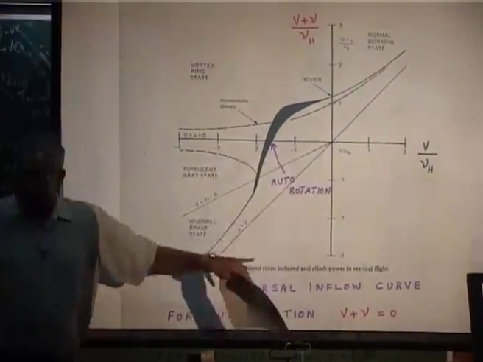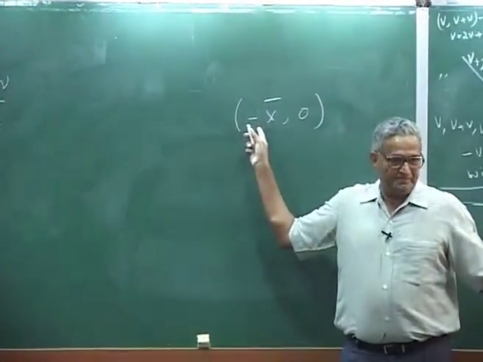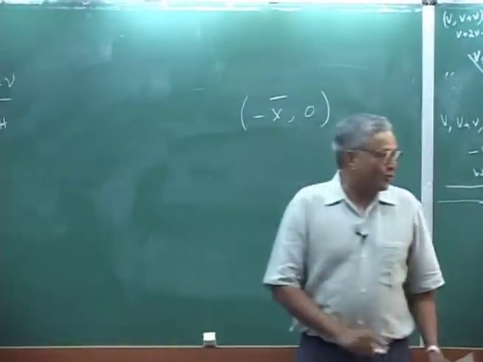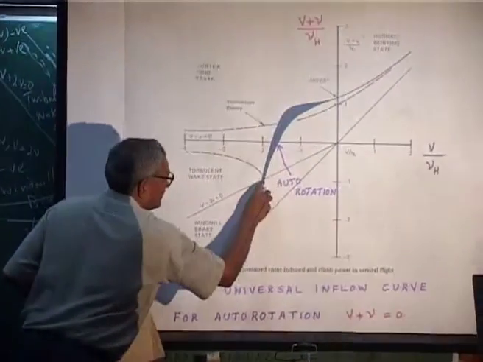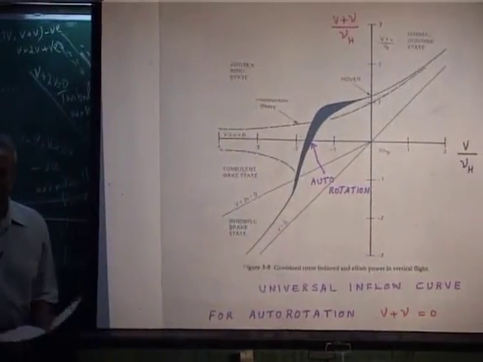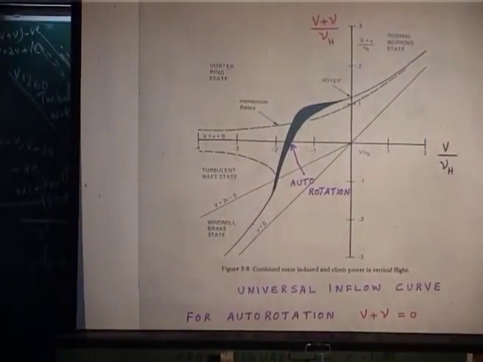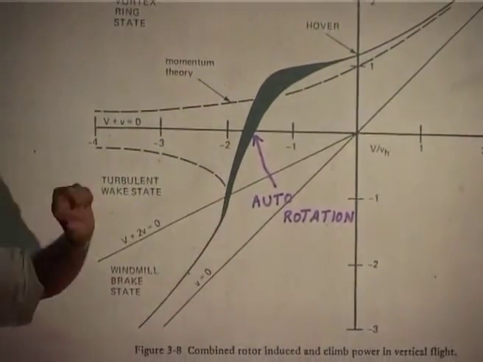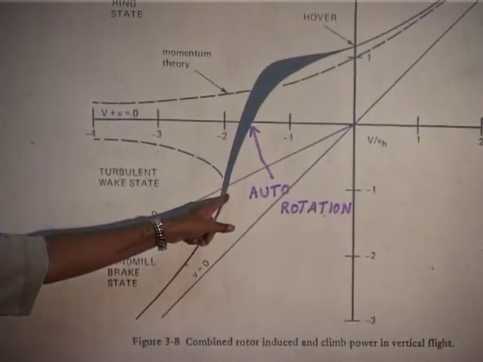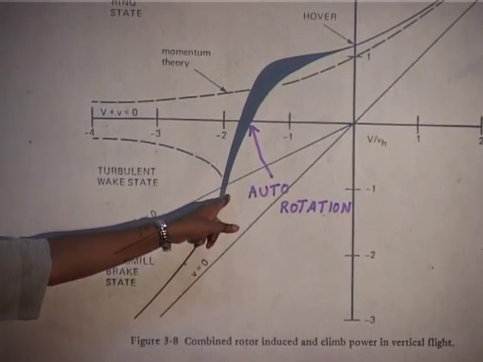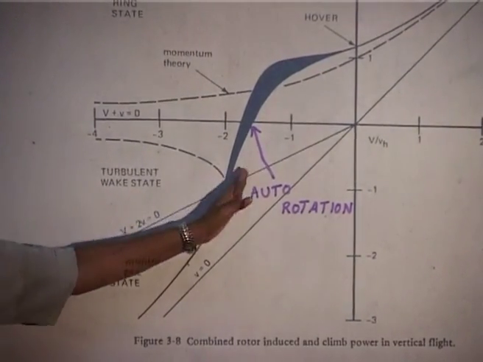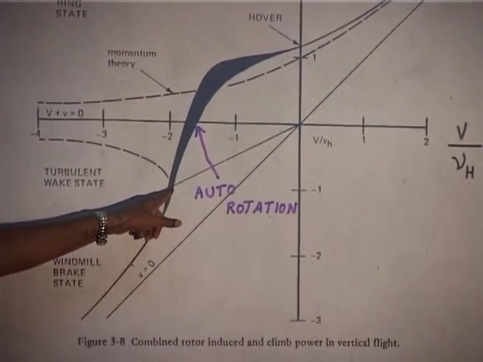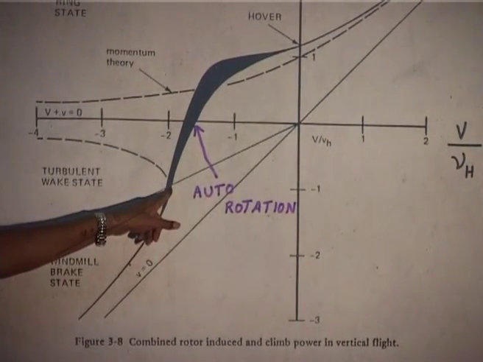I am already taking minus because it is in the negative descent, and then the coordinate of this point. Please note, this is the point where both the roots come, this is the point where I start having a root for the descent. Below that I do not know. So, the theoretical curve tells me minus 2 minus 1, this point.